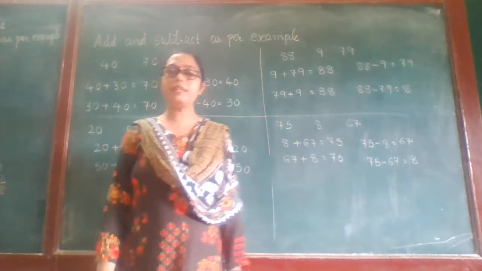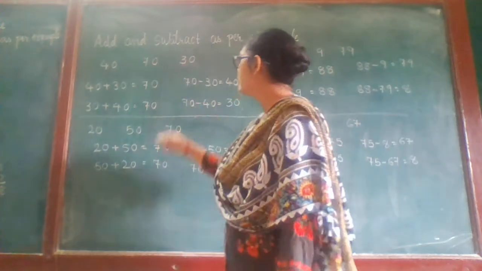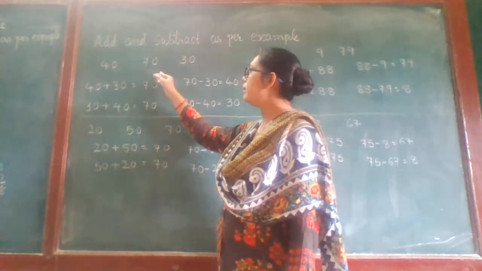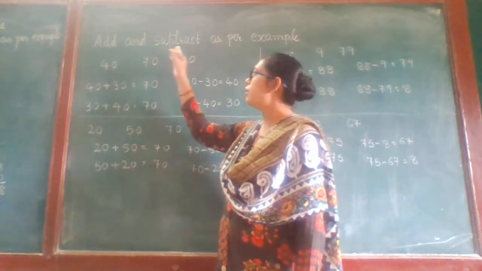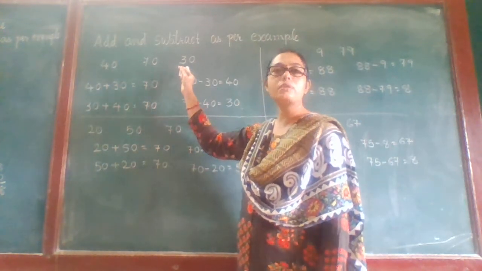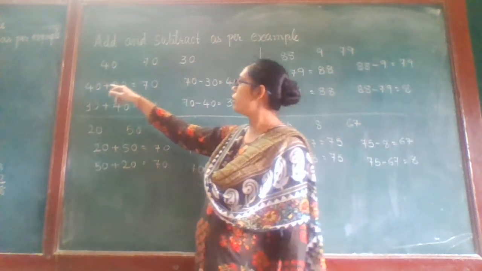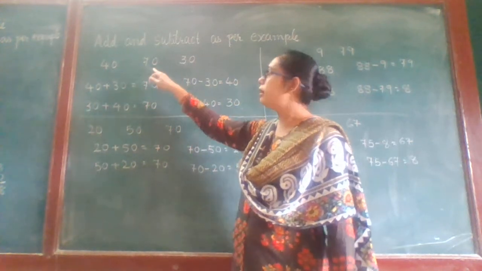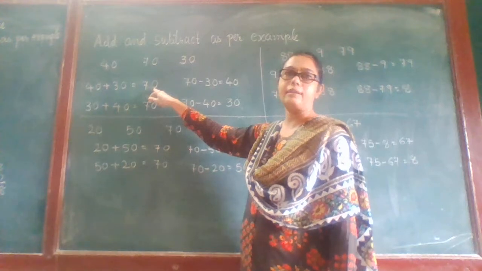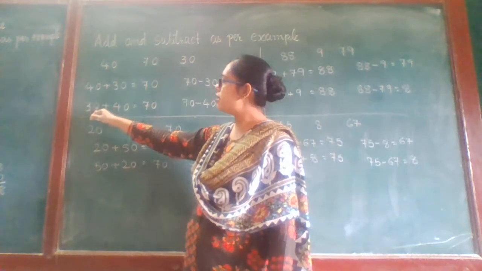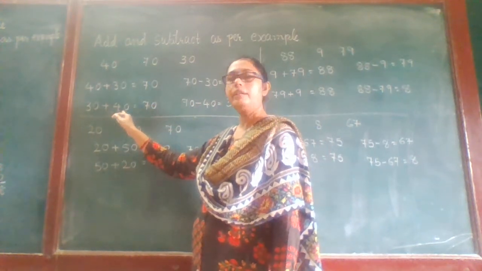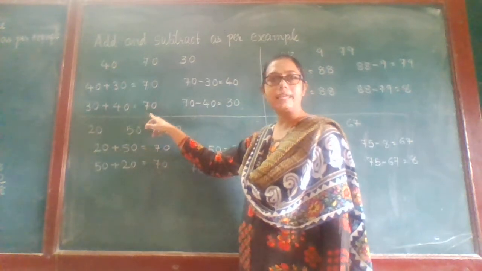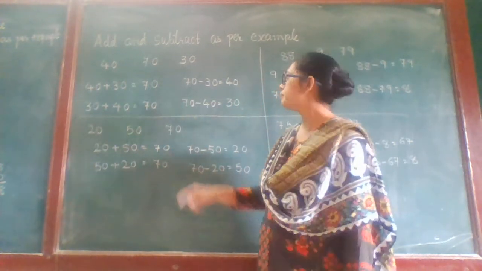Understood, dear students? So if you have this type of example, first of all you have to add two smaller numbers. When you add two smaller numbers, you get the bigger number in the answer. And when you change the order of the numbers, the answer remains the same in addition.